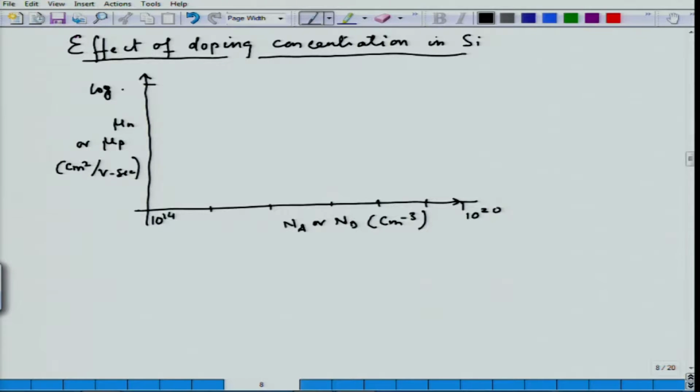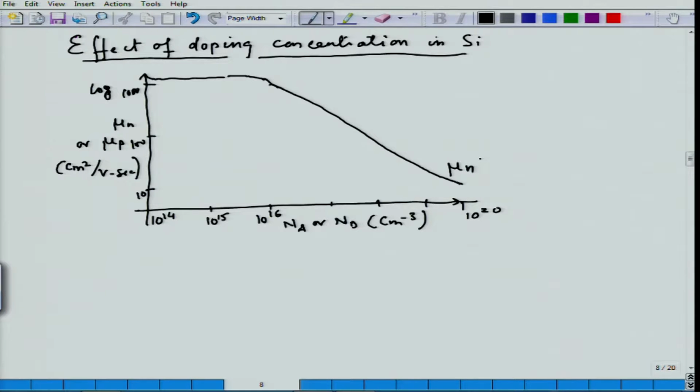So, in the log scale this number is about 1000, 100 and 10. So, for silicon the mobility starts at a higher number up to 10 to the power 15, 10 to the power 16, it sort of remains constant and then it drops quite linearly up to the high doping level. This is the electron mobility.